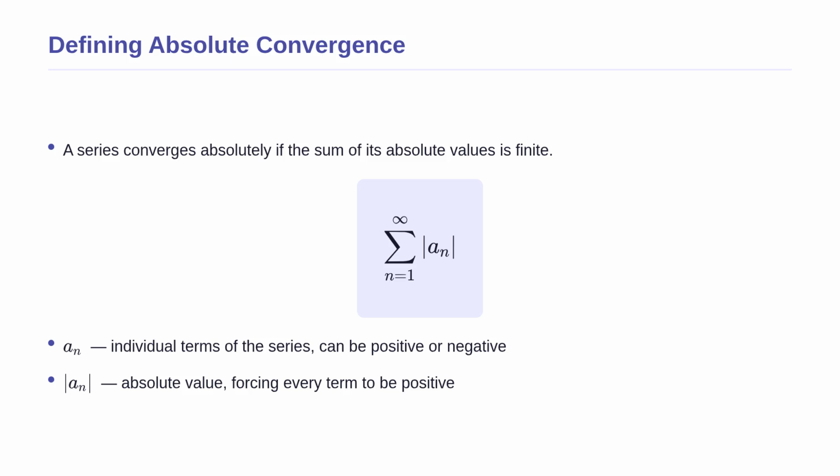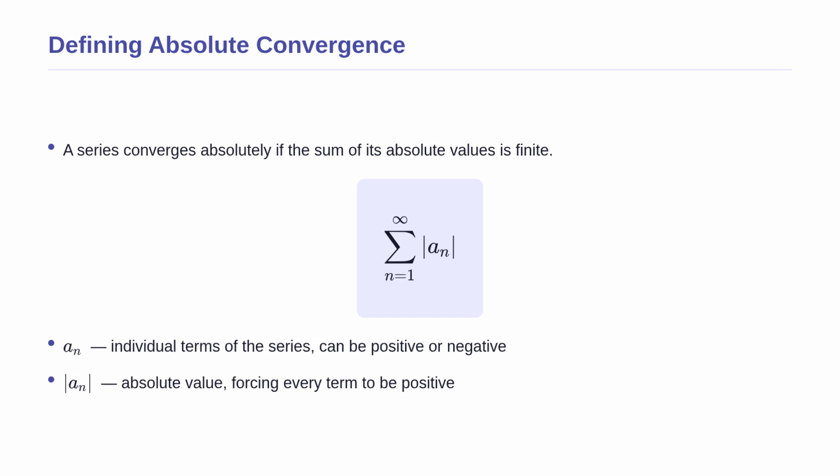Now that we have a visual intuition, let us translate this into mathematics. In mathematical analysis, we deal with infinite series, which are endless lists of numbers added together. A series converges absolutely if the series formed by taking the absolute value of every single term also adds up to a finite number. Look at the formula on screen.